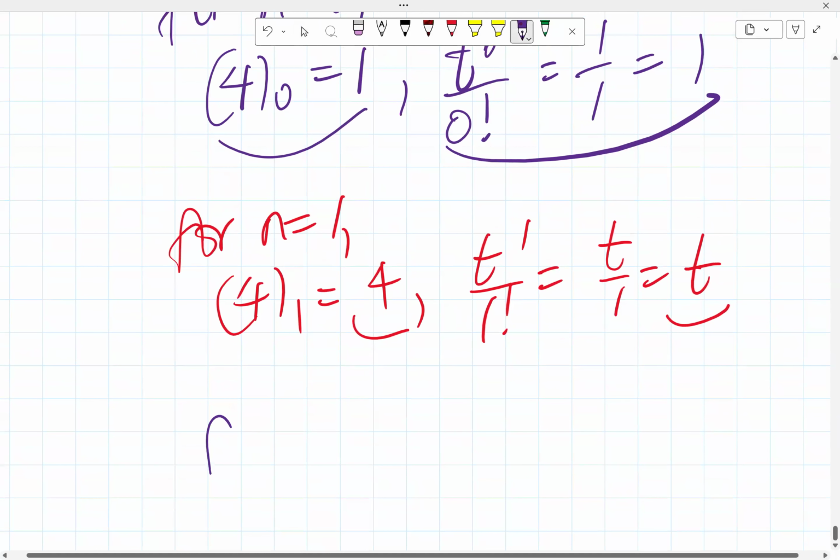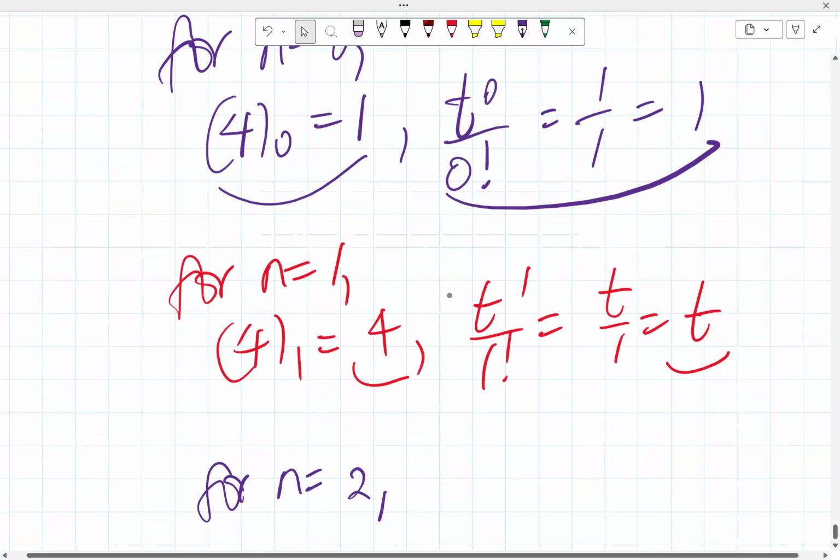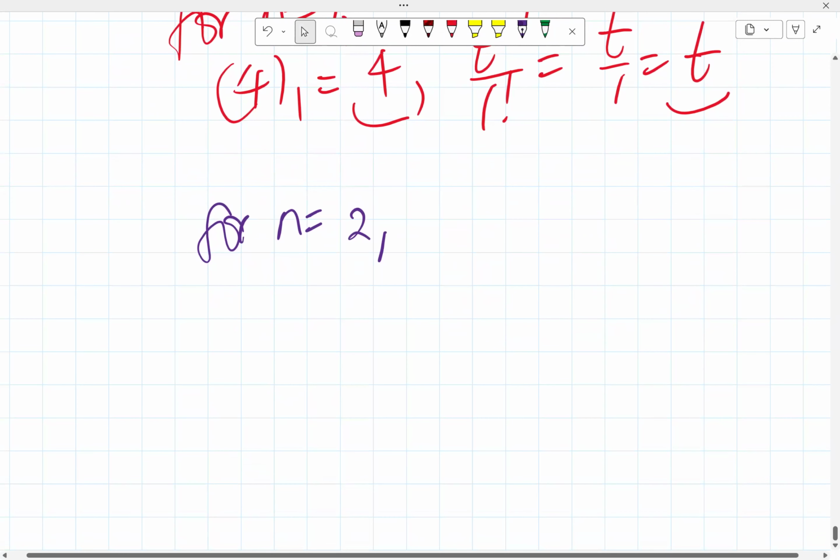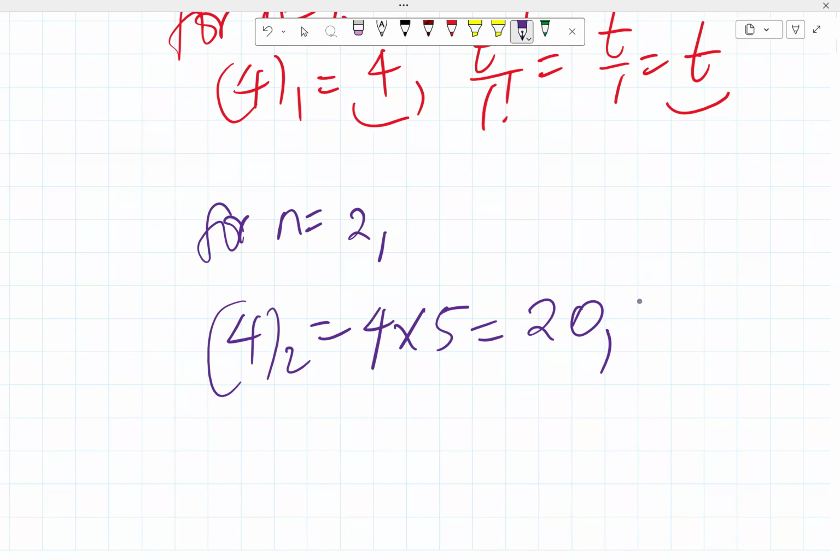Then next, for n equals 2, the first four terms. So 0 is 1, 1 is 2, 2 is 3. For n equals 2, we have 4 sub 2, which is simply 4 times 5, and that is 20. On the other side, we have t raised to 2 over 2 factorial, that is t squared over 2.